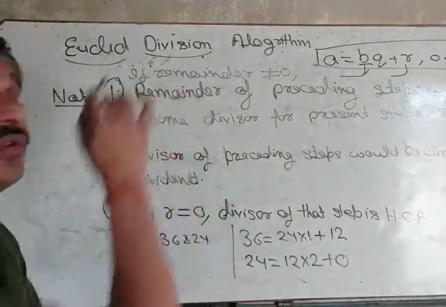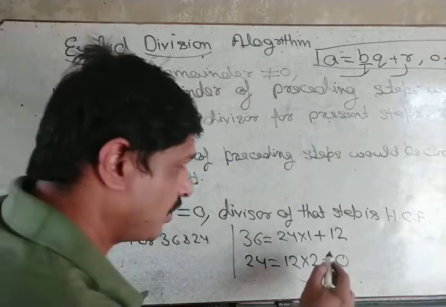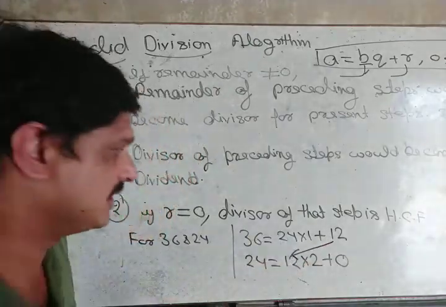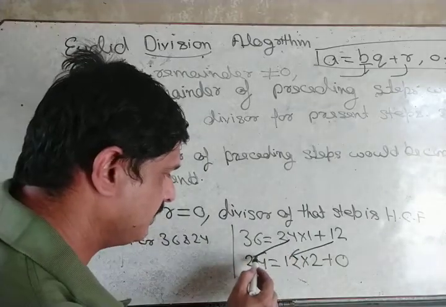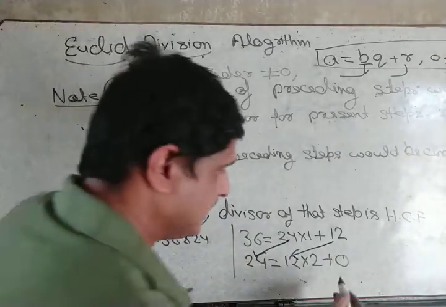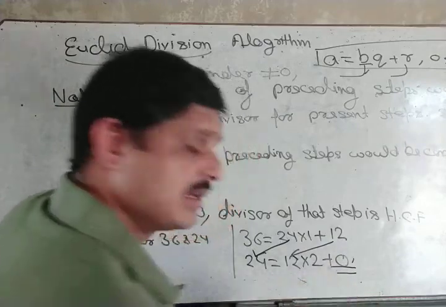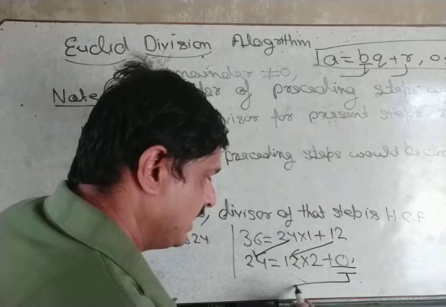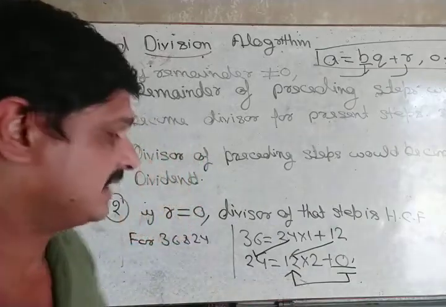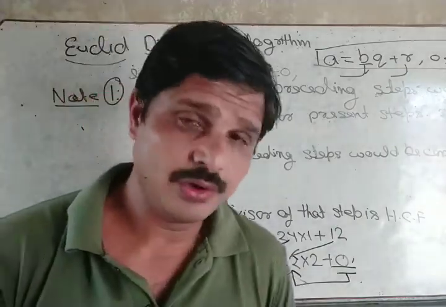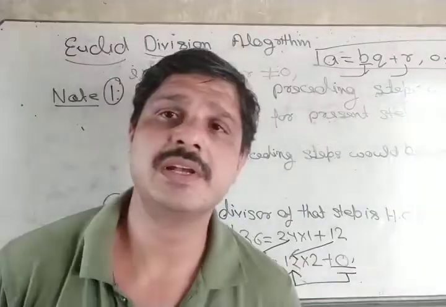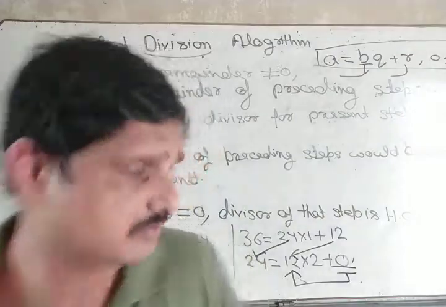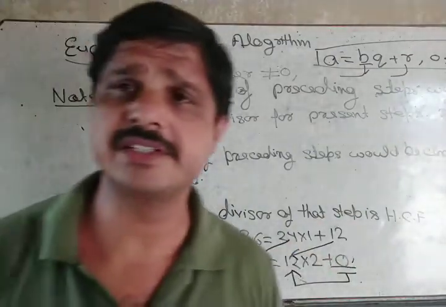Since it is not 0, for the next step the remainder becomes the divisor, and the divisor of the first step becomes the dividend. But in the second step, remainder is 0. If remainder is 0, then divisor is HCF. Sometimes we need to follow 4 to 5 steps. Sometimes you will get 0 in the first step. So let us move towards the exercise.